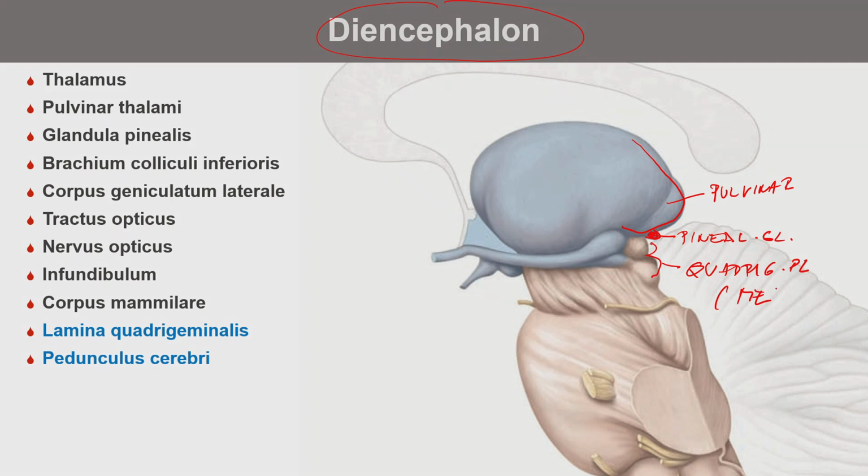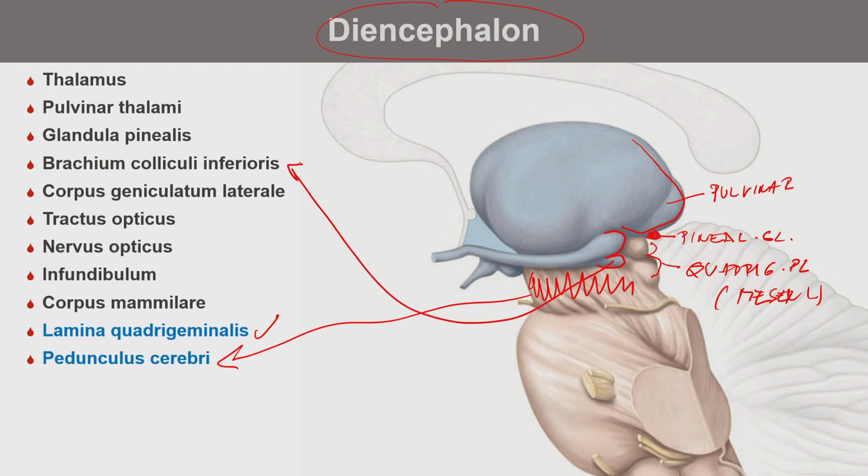So this is the mesencephalon. Then this structure down is a pedunculus cerebri, also a part of the mesencephalon. Cranially, we can see two important structures which are called brachia. This is the brachium colliculi inferioris, which is associated with the auditory pathway.